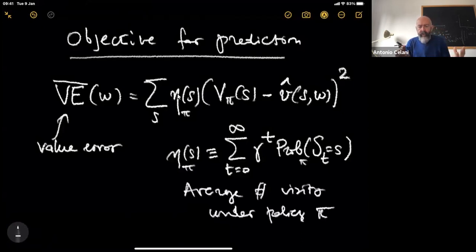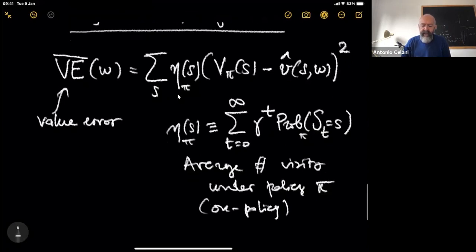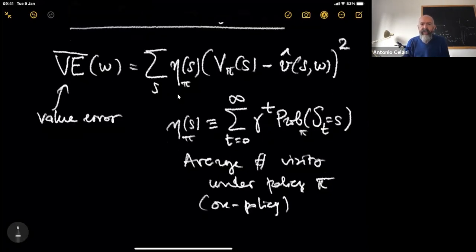If you choose something which is very different from that, you might end up with bad estimates. So it is important that this has to be the so-called on-policy. But for now, let's just accept that this is a meaningful description, and let's see what happens if we try to minimize this quantity.